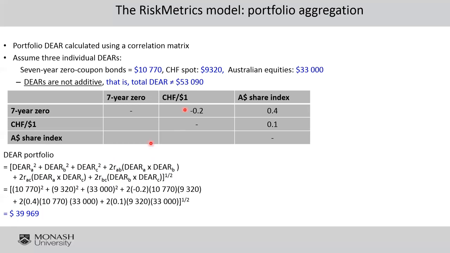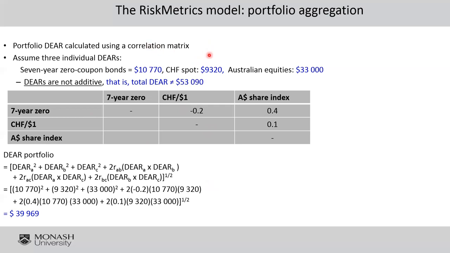This is the risk of all my portfolio. So we have to calculate the DEARs, and we have to put the DEARs in this matrix to get the aggregate risk. Now I'm done with the most technical one, but this model has problems.